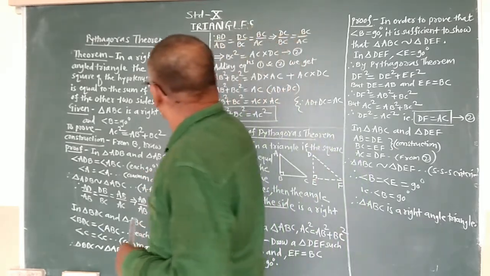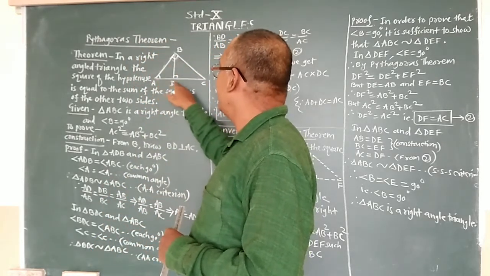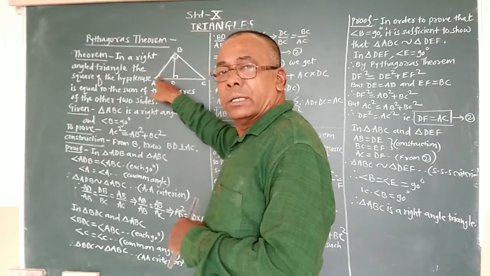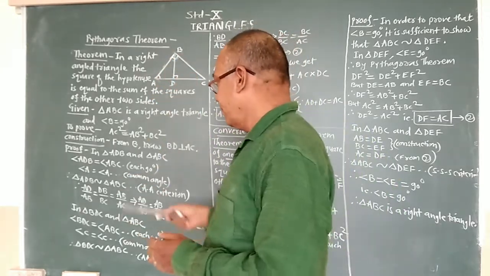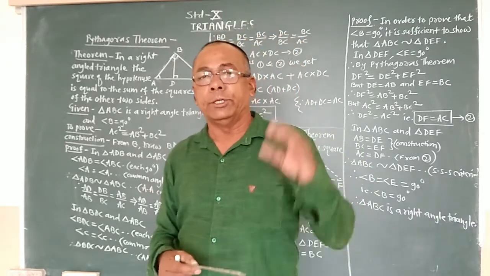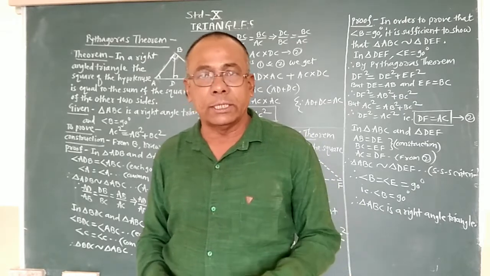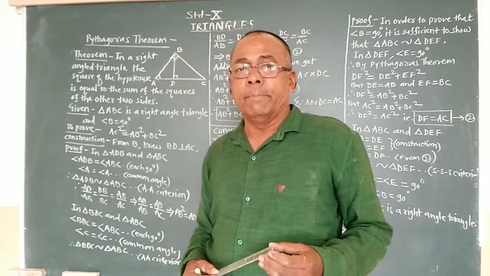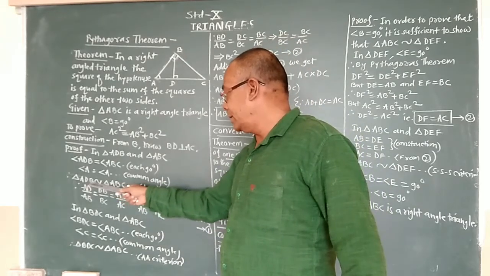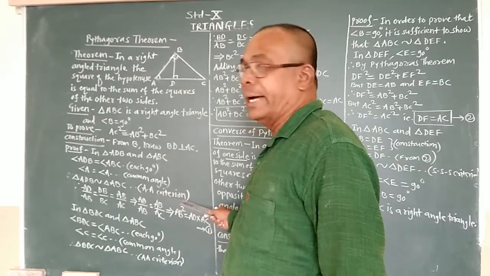Now angle A of triangle ADB and angle A of triangle ABC, that is A is common angle, and therefore angle A equals angle A, reason is common angle. We know that if two angles of one triangle are equal to corresponding two angles of another triangle, then both the triangles are similar according to AA criteria, and therefore triangle ADB is similar to triangle ABC, that is AA criteria.